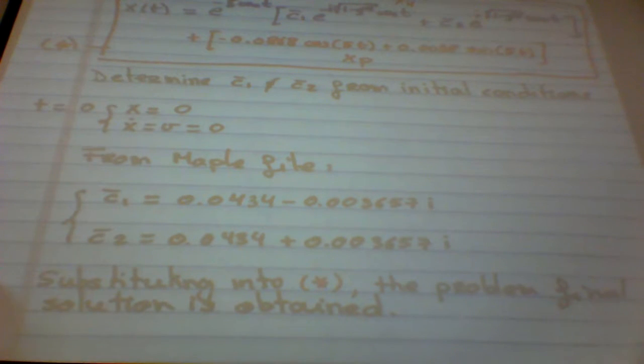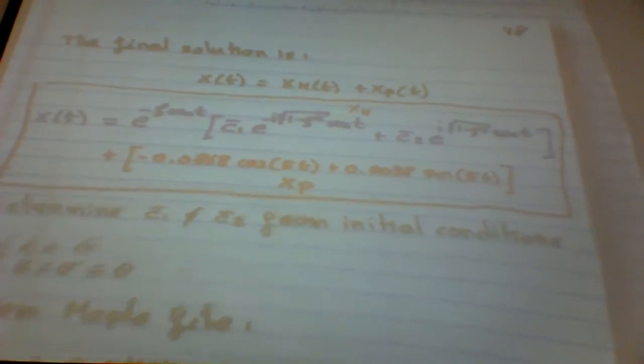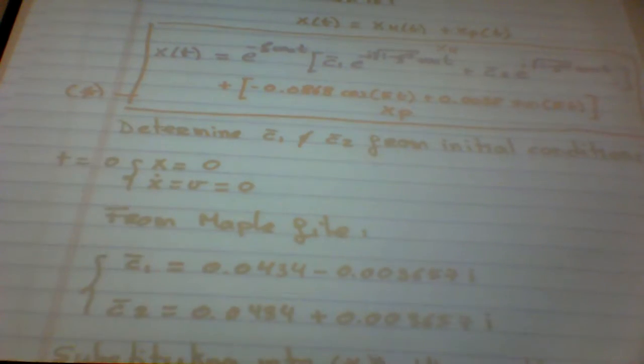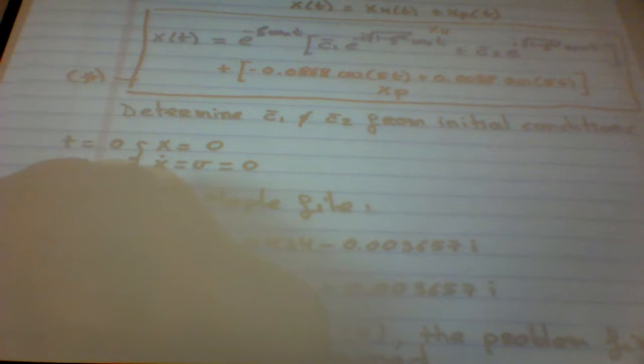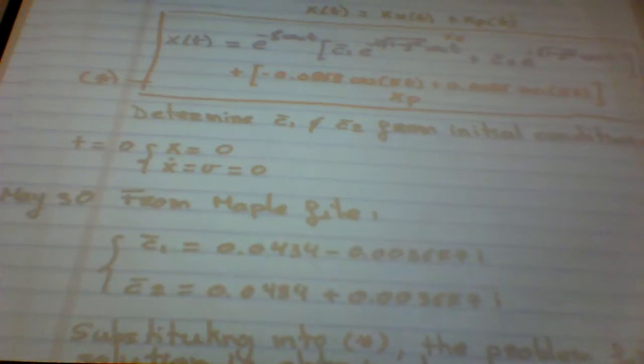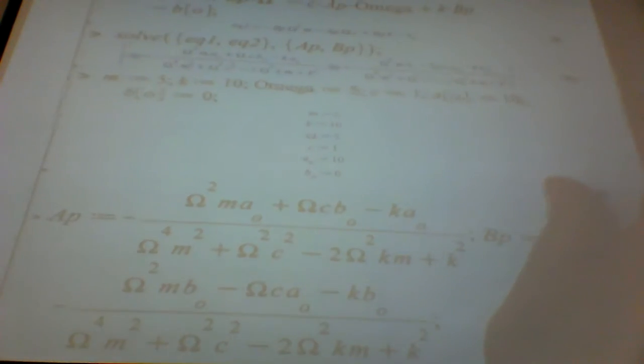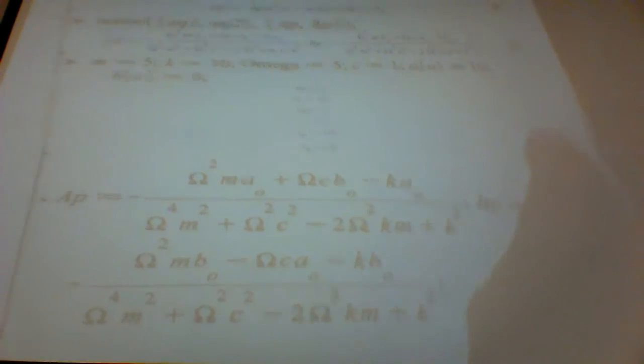Okay, so today is what, May 30? Okay, so I will add, I put this one on the scan anyway, but I will put those files that we used to find A sub P from this expression of the solution, and the file we just used to find C1 and C2.